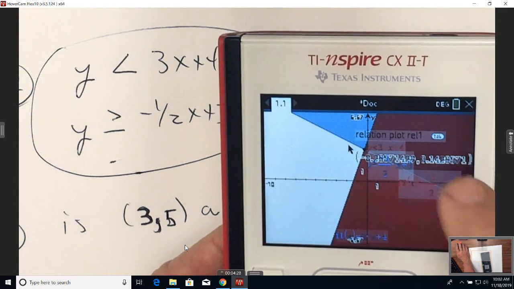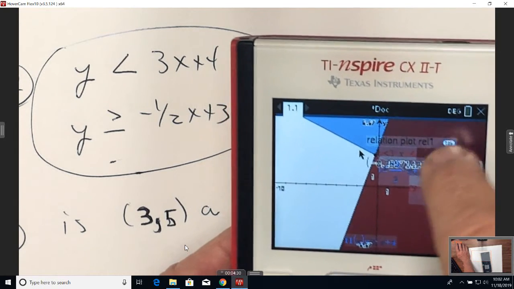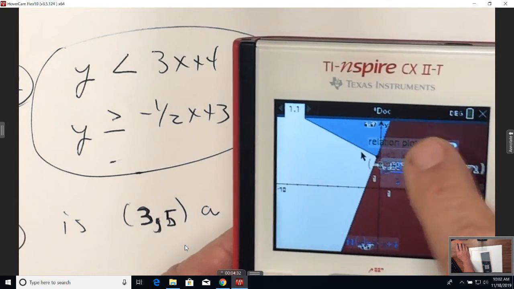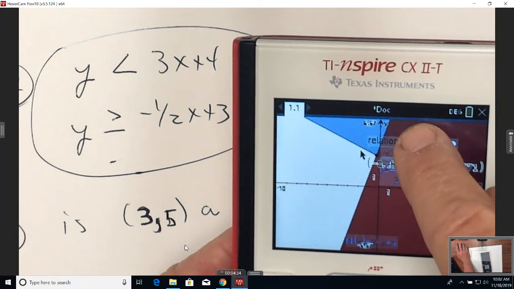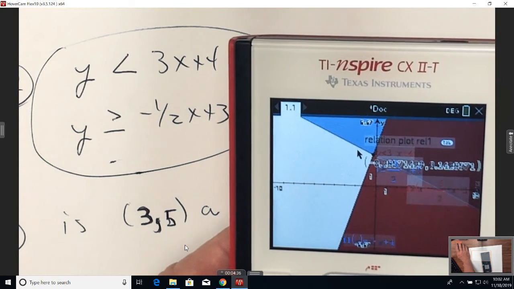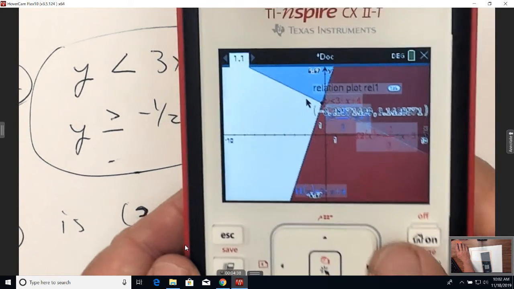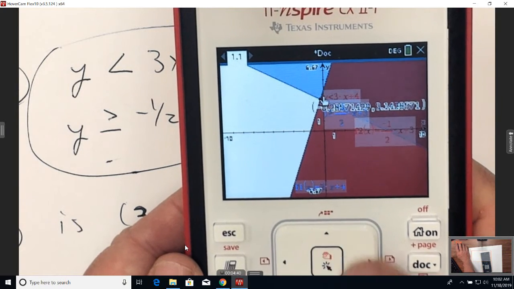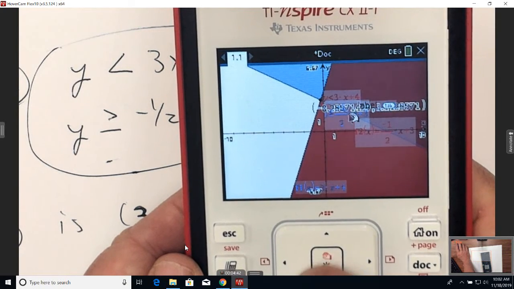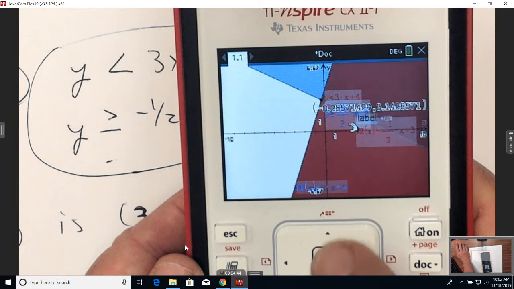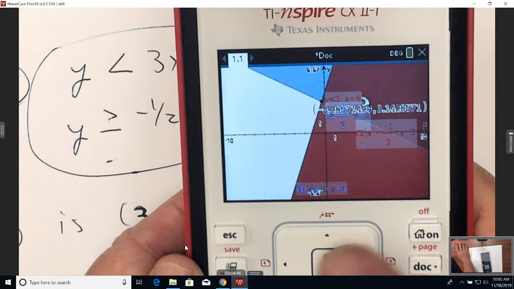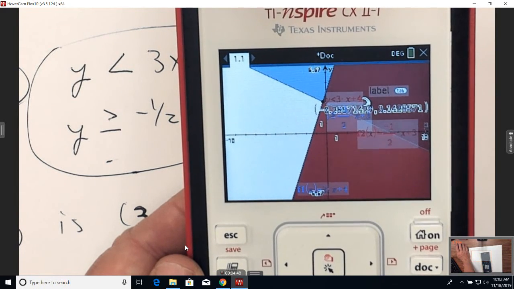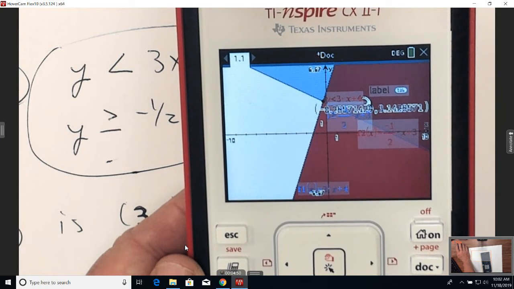It's points. All these are points in that double shaded region right here in the top right of my screen that make both inequalities true. For example, this point right here, which is at 3, 5. You see where that little hand is? That's at the point (3, 5).